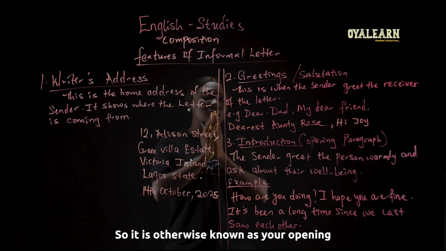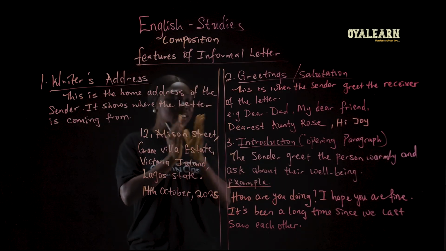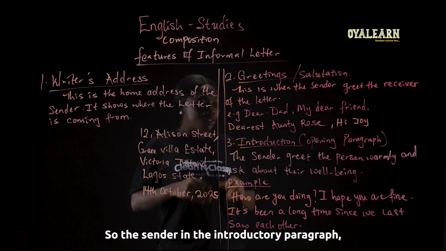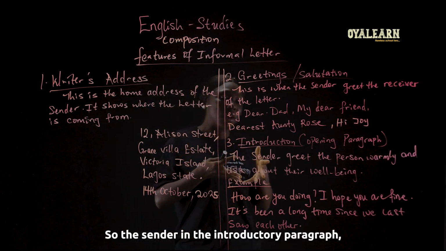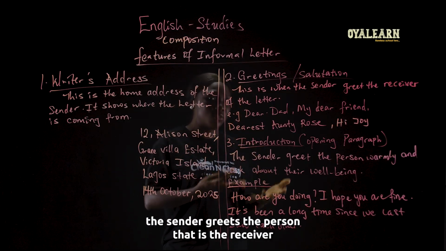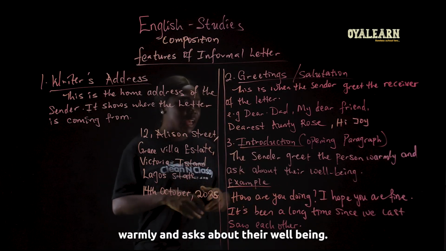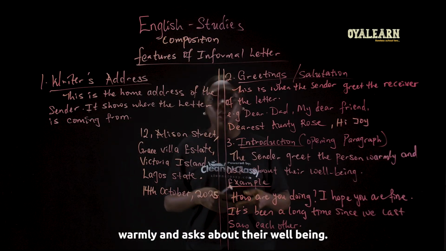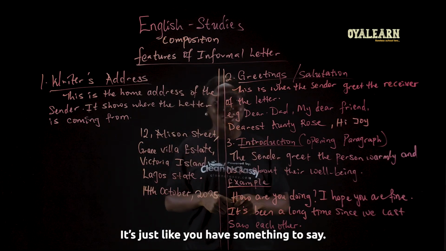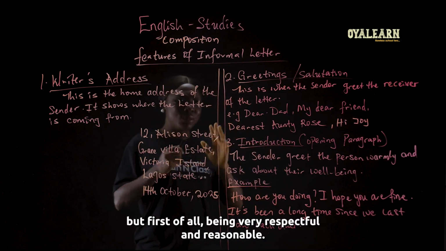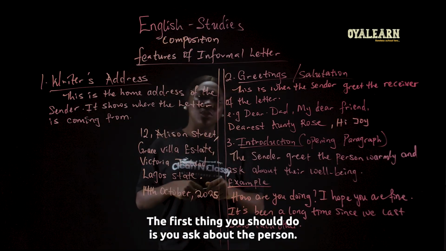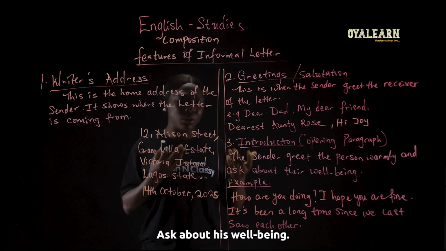In the introductory paragraph, the sender greets the receiver warmly and asks about their well-being. You have something to say, but first of all, being respectful and reasonable, the first thing you should do is ask about the person, ask about their well-being.